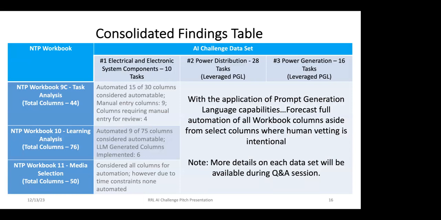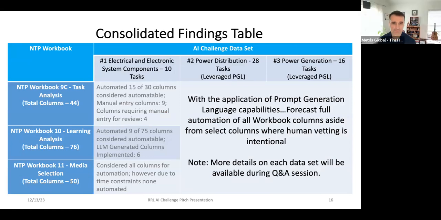Yeah, and so we spent about the first 10 minutes of our presentation talking about the construct and solution that Mike P really put together for us, and then as we started to consolidate the findings, we obviously took the 3 data sets, which are one axis on this table, and inserted those data sets into the workbooks, right?